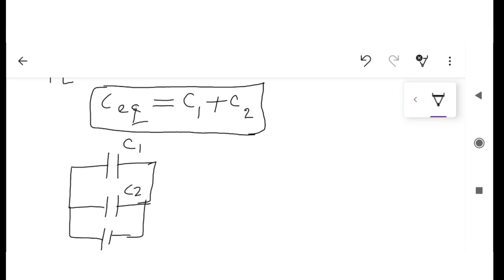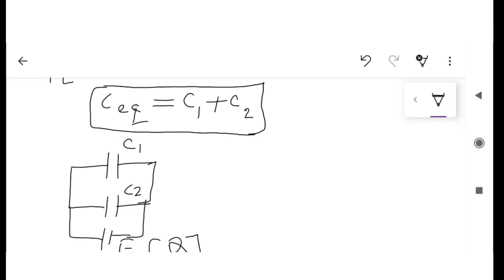C1 and C2, and this one as E, I consider that E has a Q amount of charge. But in parallel condition, we do not know how much charge goes to capacitor 1 and capacitor 2.